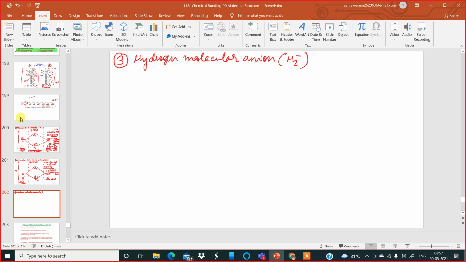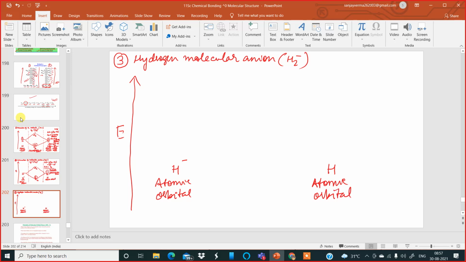Again, I will draw the energy arrow. Here I will take the hydrogen atomic orbital of the anion. Here I'll take the hydrogen atomic orbital of the atom.